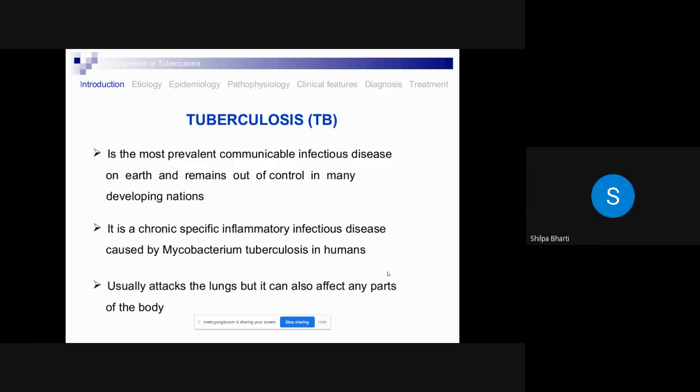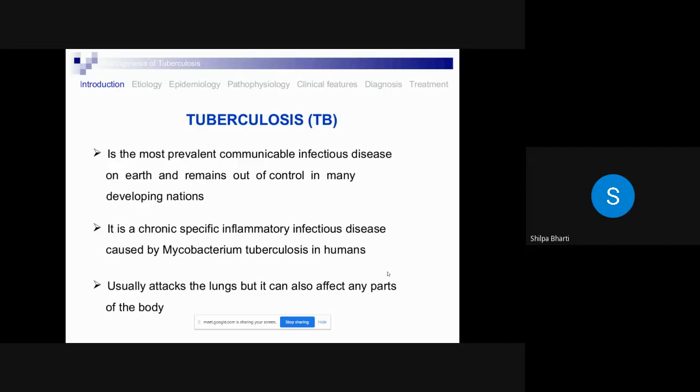Yes. So that is a sign and symptom which you have talked about, how we get to know that the person is infected with the disease. I will talk about what we mean by infection. There is a difference between saying infection and saying active disease.